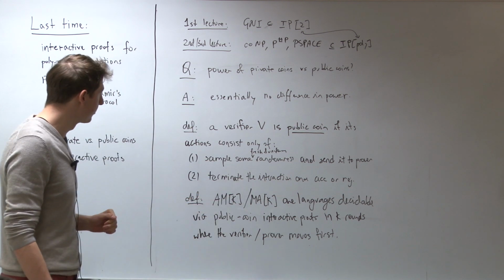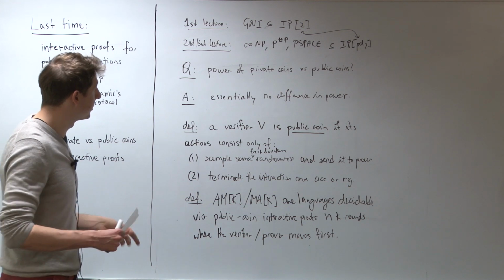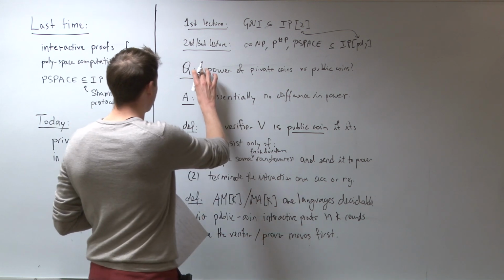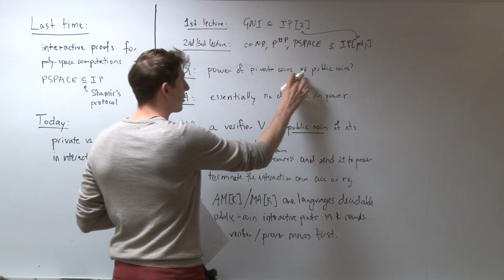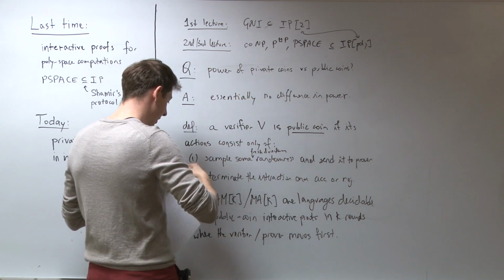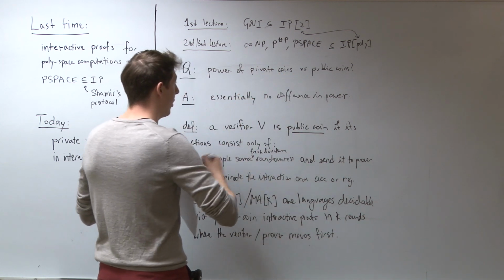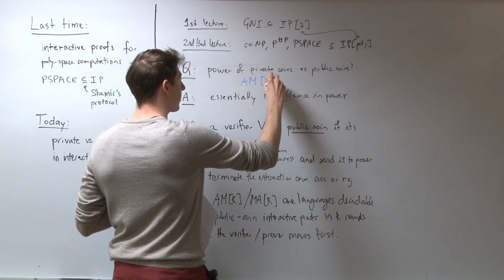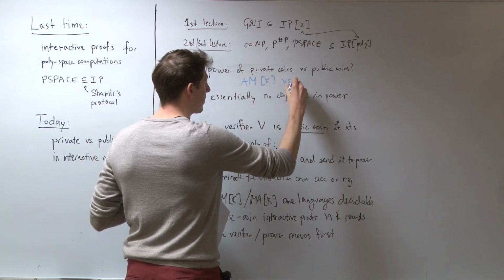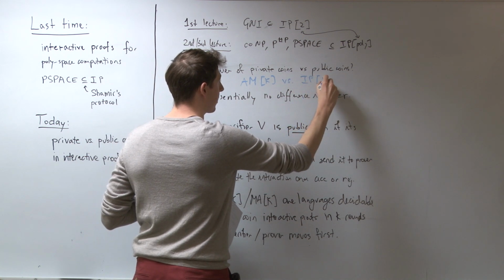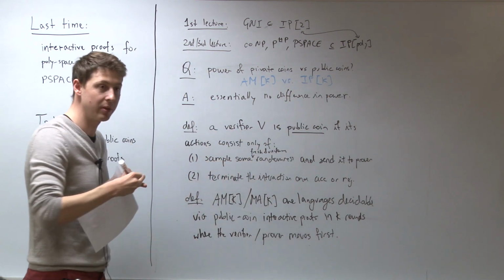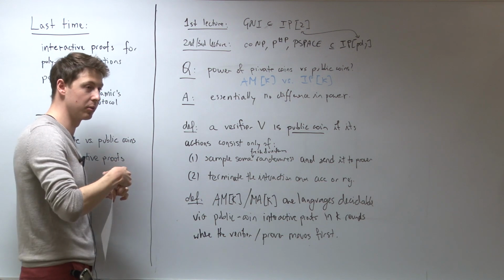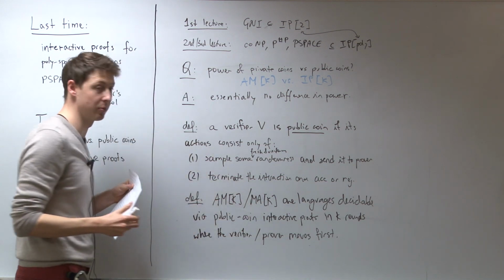So the question about the power of private coins versus public coins, we can now rephrase as a question of AM_k or MA_k versus IP_k. As I go up in round complexity, how do these two complexity classes compare with one another?